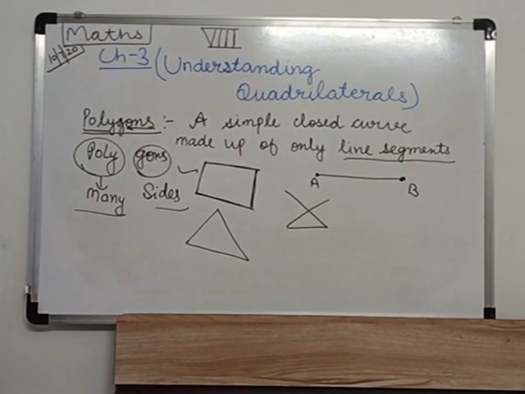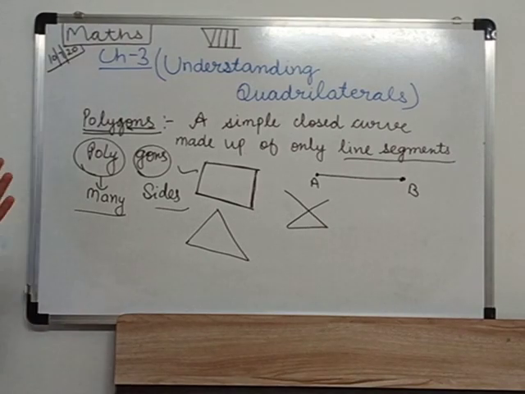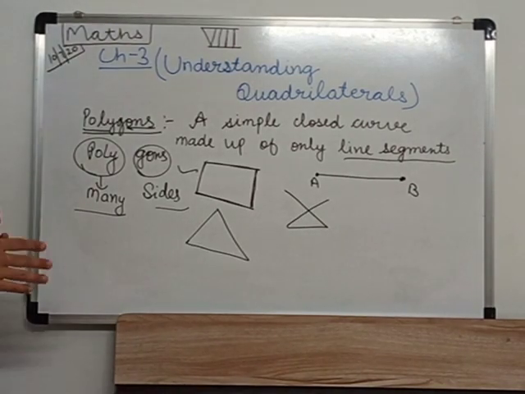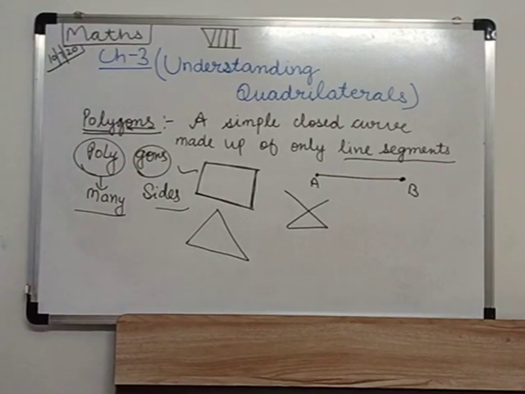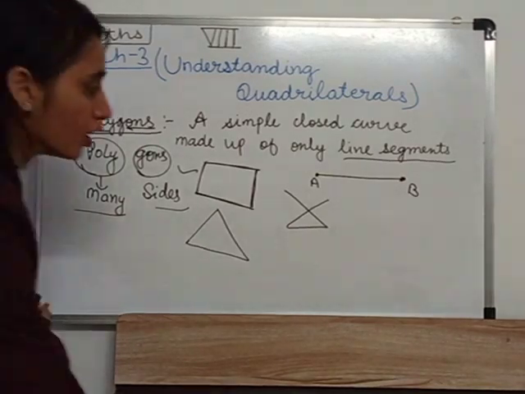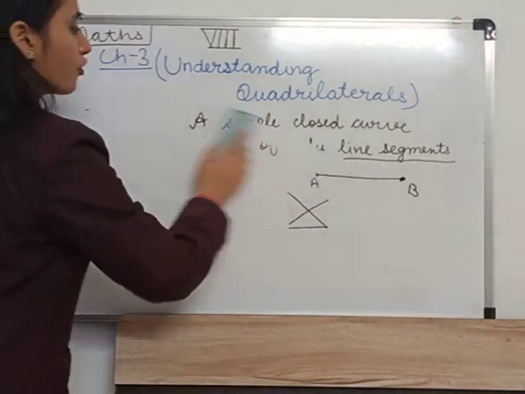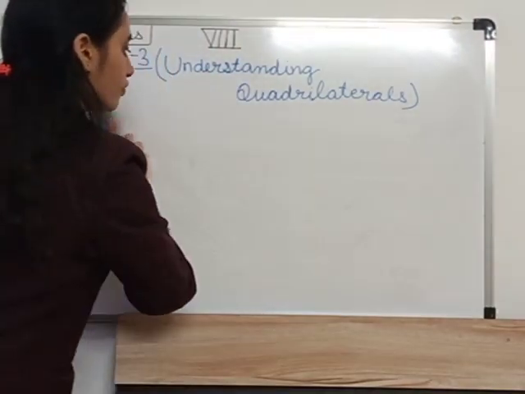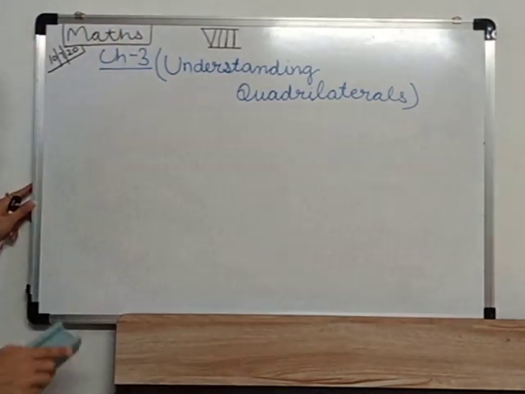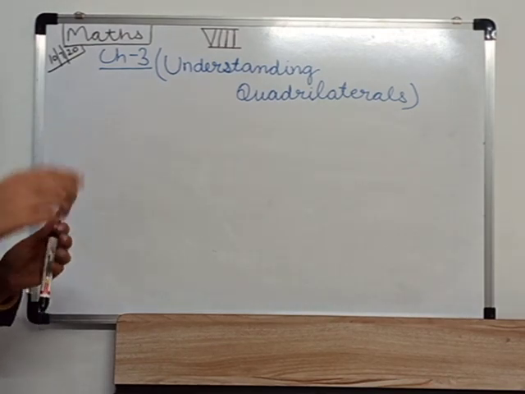Understood? Okay. Now how can we classify these polygons, according to their names? We classify polygons according to the number of sides they have. First count the number of line segments, then we can name that polygon according to the number of sides or the number of vertices they have.